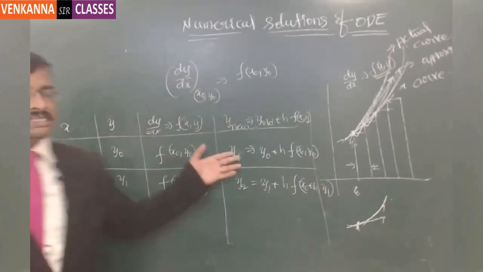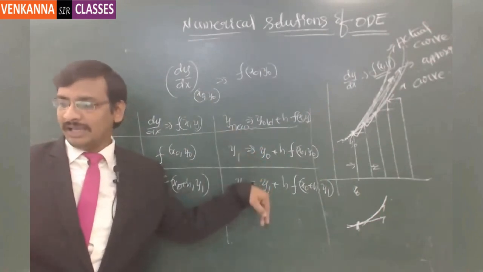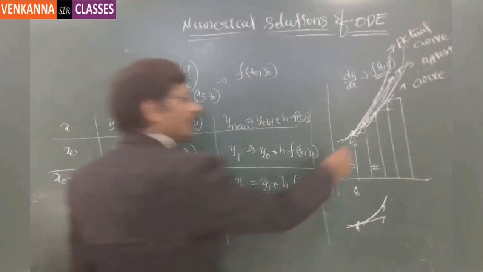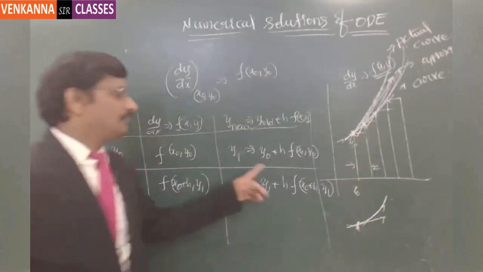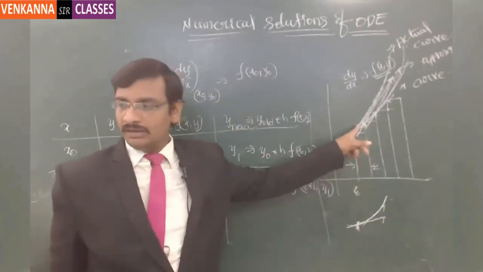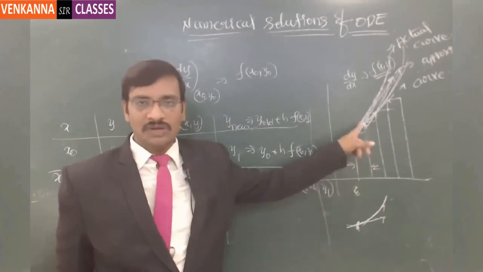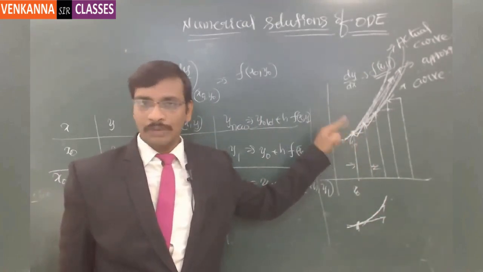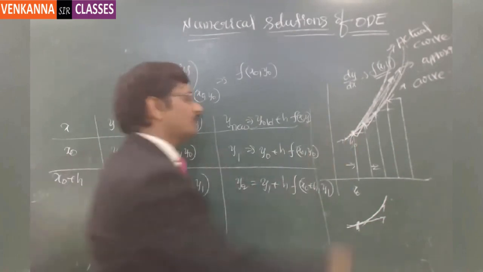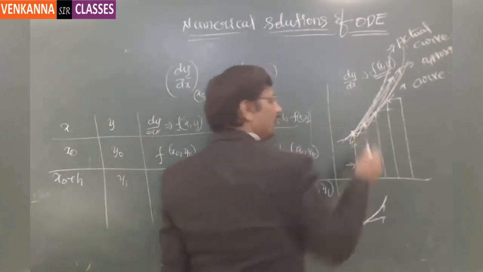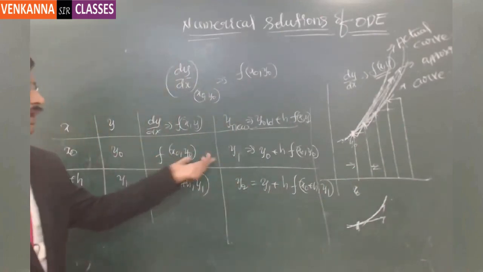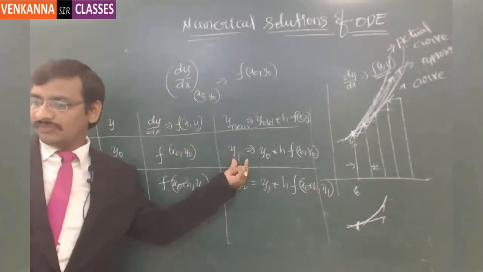Here itself, this y1 value will be corrected again for better accuracy by considering the slope at the other point, that is at x naught plus h and y1. There you calculate the slope again and take the average of the slopes, and that average will be considered to correct the value of y1.